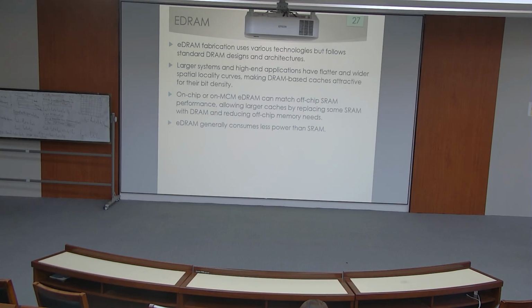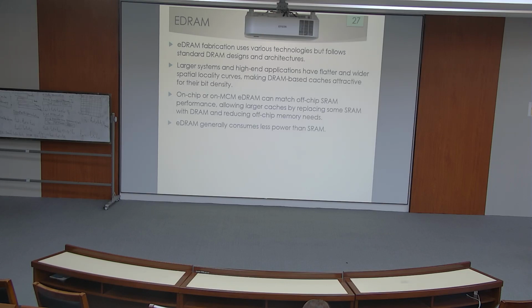How does the fabrication work? We need to talk about the EDRAM fabrication. It uses different technology, but it has to follow the standard DRAM memory that we discussed before, its design as well as its architecture.